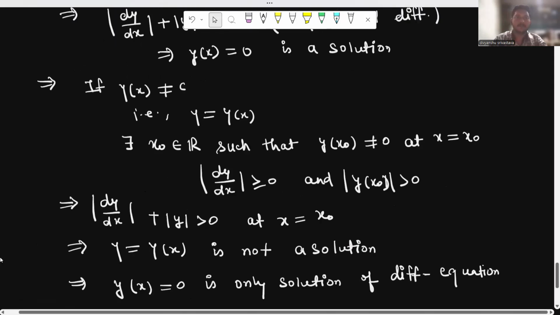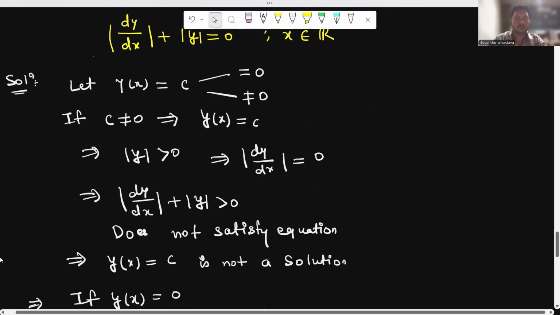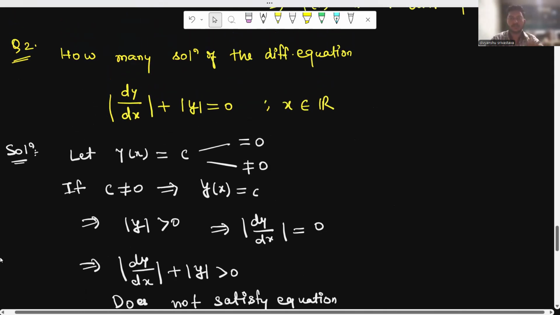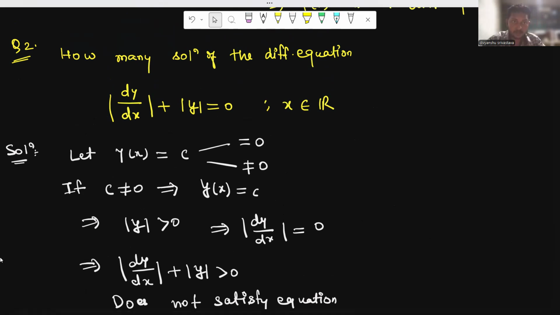Okay, so in this question, maybe you will understand better. Here is a differential equation already given. And the first thing is, when you get this, first go for c equal to 0 and second for c not equal to 0. So if c is not equal to 0, then y(x) is equal to c.